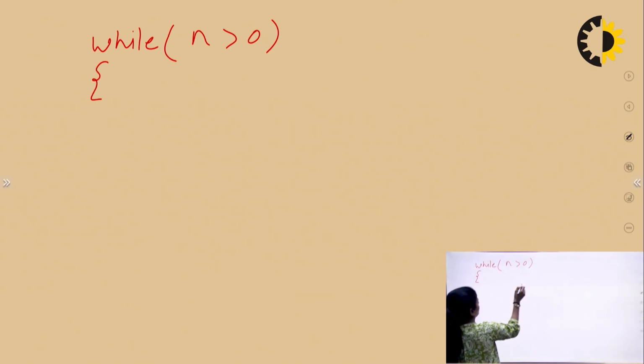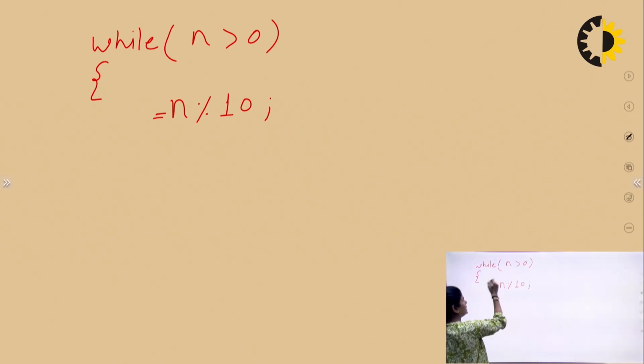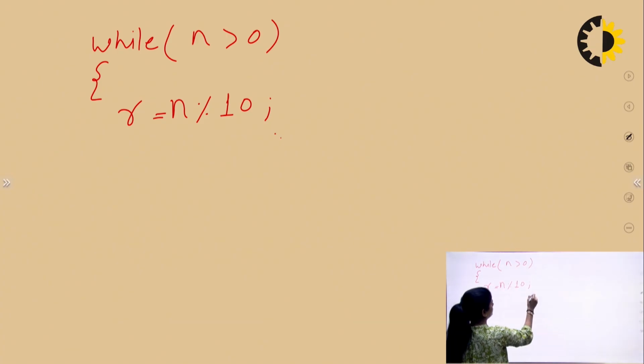So here we write the concept with the help of while loop. If n is greater than 0, now n modulus 10, which is assigned in r. Now this r come to in next line.